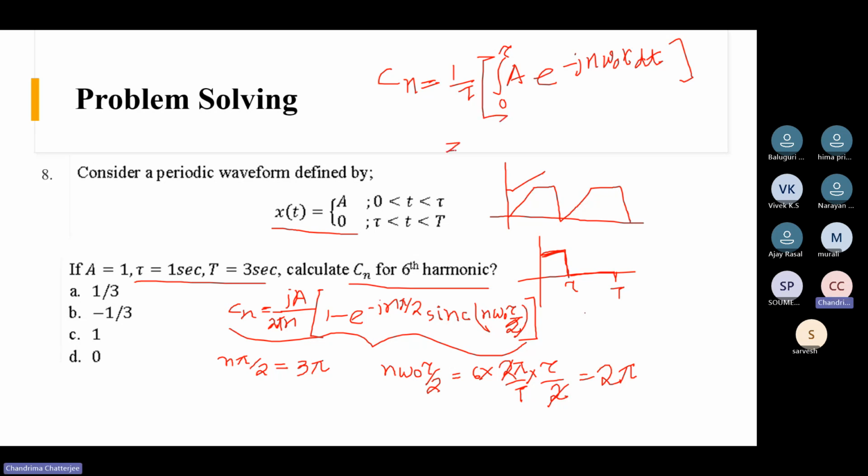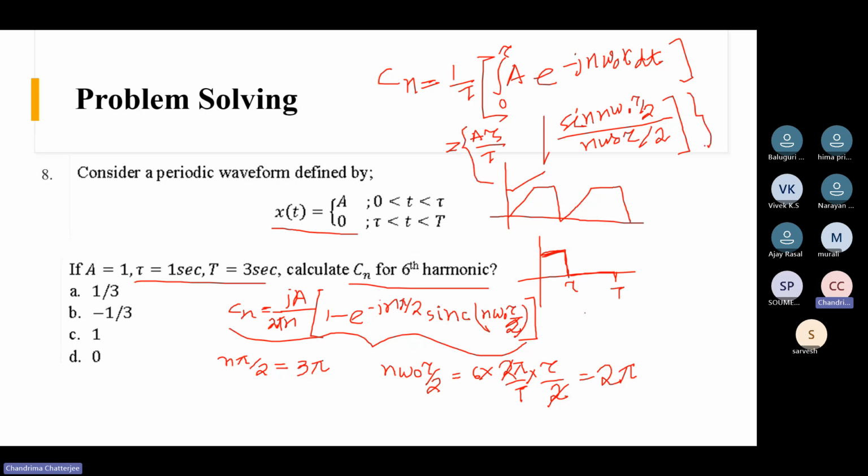The expression will be A tau by T sine n omega naught tau by 2 divided by n omega naught tau by 2. Okay.